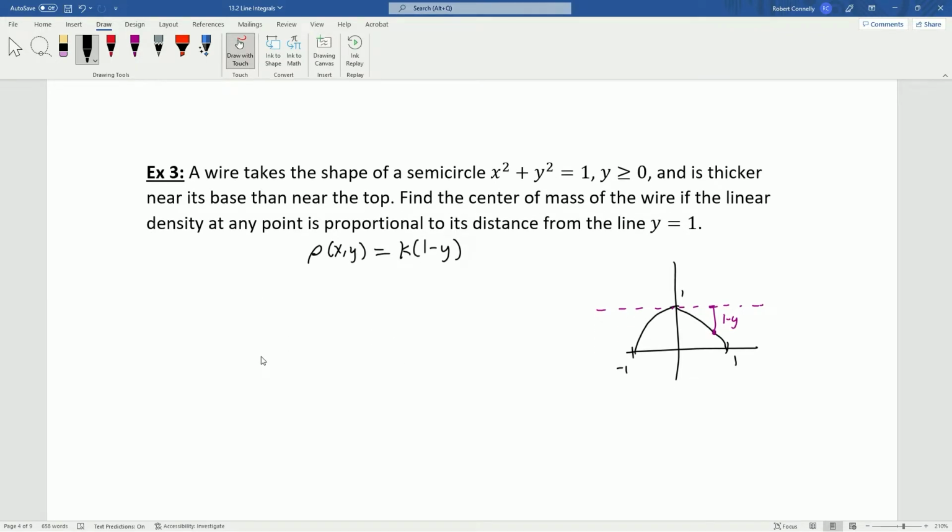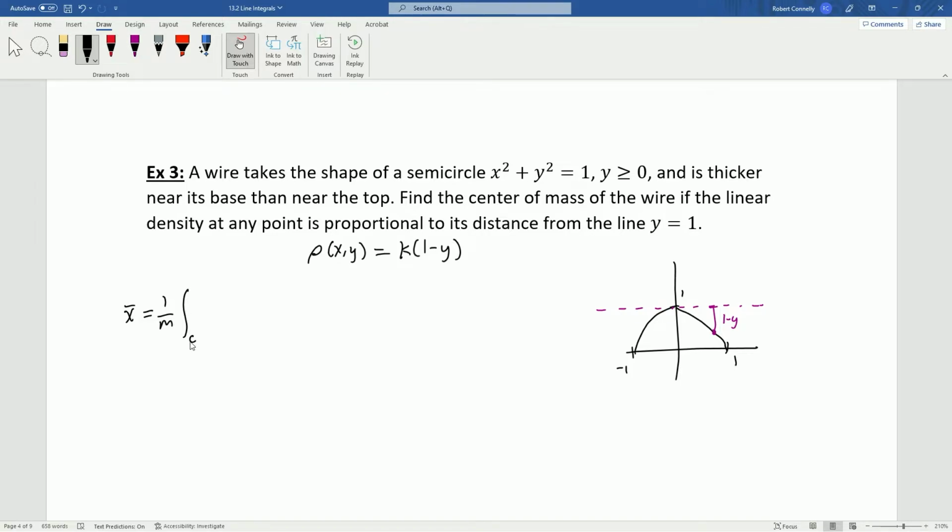Now, you may recall that in order to find our x bar, y bar, so our center of mass, x bar has to be found with the formula 1 over m times the integral. And in this case, we're looking at a line integral, so it's slightly different, but this is just a twist on the formula we've seen before.